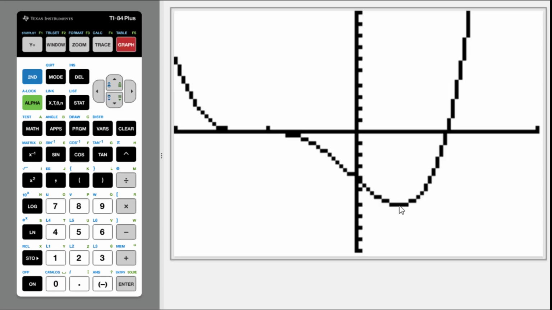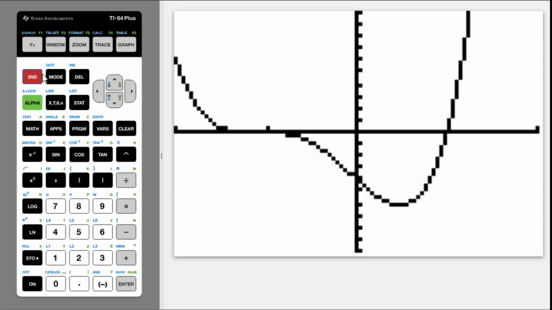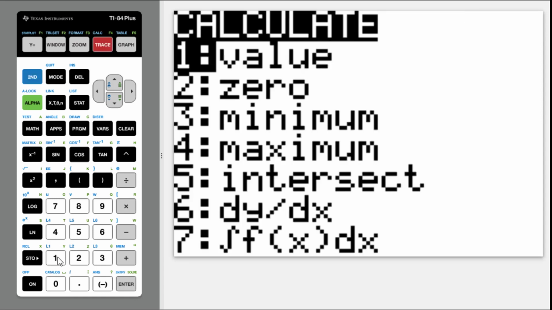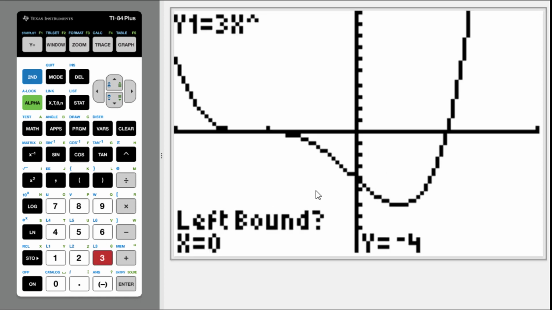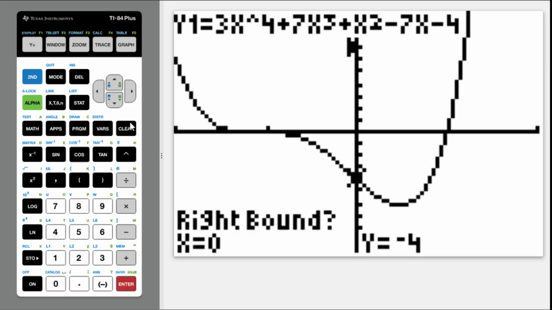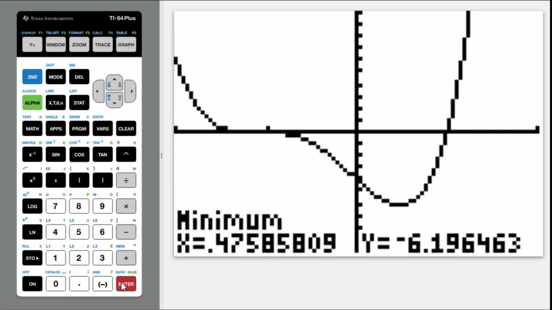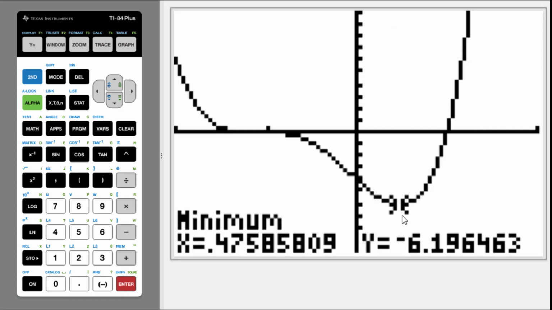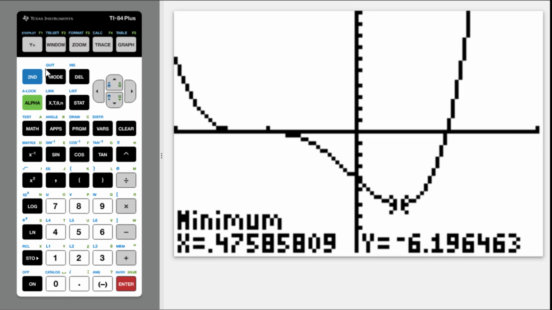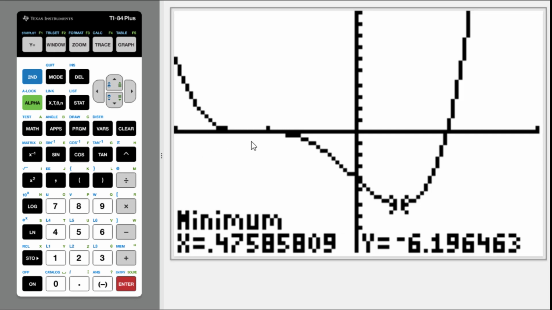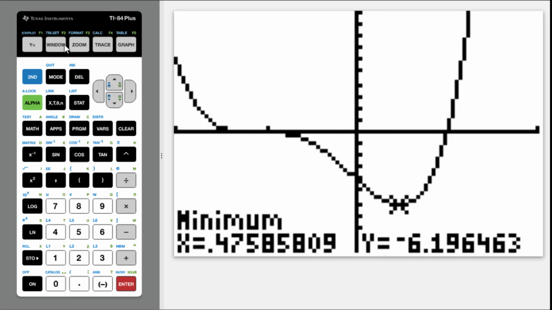Let's figure out this minimum point. Second trace, 3. Left bound, enter. Then move the arrow to the right bound. Enter. Enter. We know the minimum value is negative 6.20.